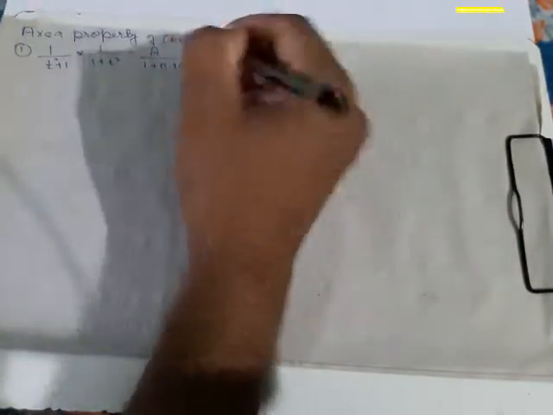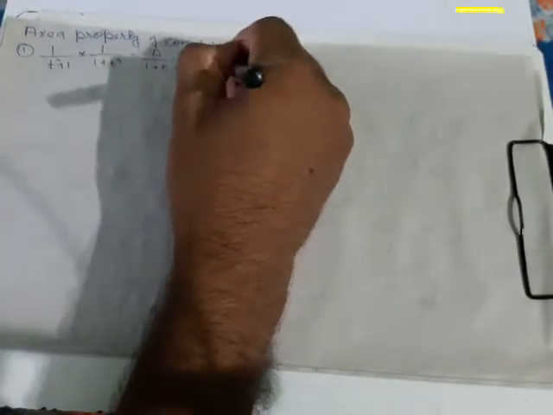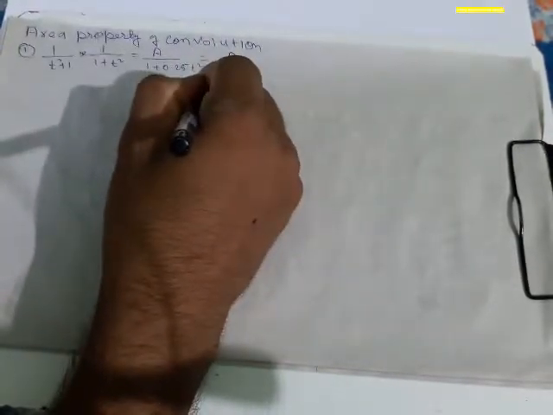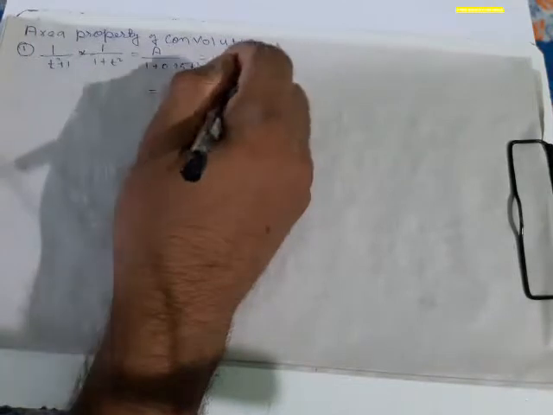So can we write this as a by (1 plus 25 by 100)? Can we write it as 4a upon (4 plus t square)? Simply it is 4a by (2 whole square plus t whole square).